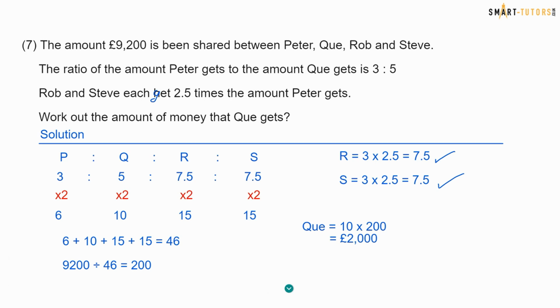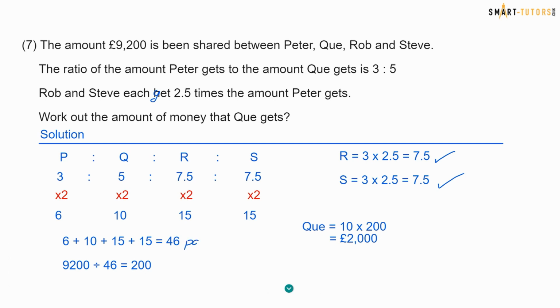7.5 portion, right? Because of this decimal, I'm timesing everything by 2 to make it a whole number. So 7.5 times 2 is 15, 7.5 times 2 is 15, 5 times 2 is 10, 3 times 2 is 6. So everything is a whole number. If I add all the parts, 6 plus 10 is 16, 30, 46 parts.